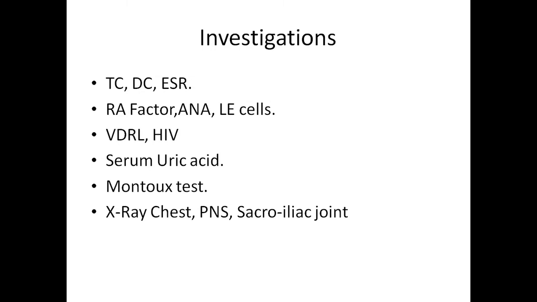Serum uric acid you have to see to rule out gout. Mantoux test you have to do to rule out tuberculosis. And other newer tests like polymerase chain reaction you have to do to rule out tuberculosis, leprosy, and nasal swab for the leprosy, and then ear clipping to rule out the leprosy, and sarcoid assays you have to do.